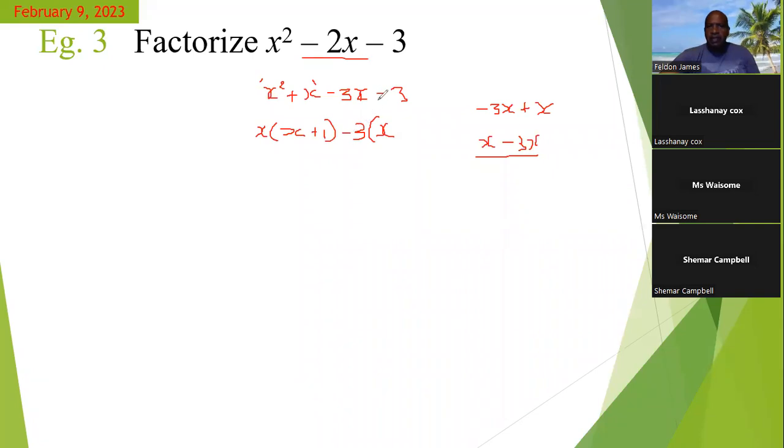And now -3 into -3 gives you positive 1. So now we have both expressions in the two brackets are the same. And so we treat the expression now as our common factor, x plus 1. And then we divide each term by x plus 1.